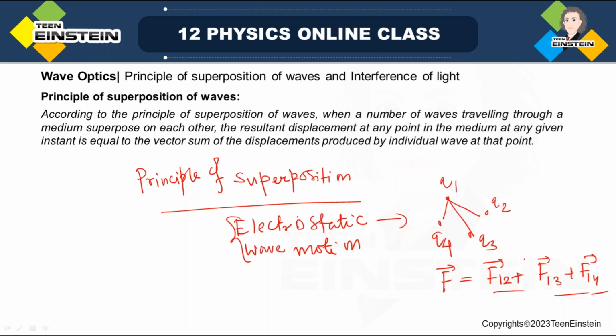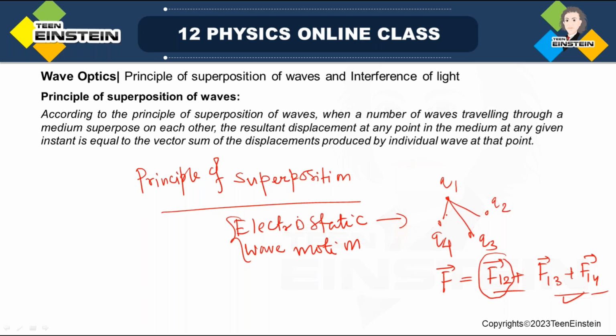So this is what we have done. We have independently found the forces between each pair. I'm just calculating the electric force on this q1 due to all other charges. So the resultant force was obtained by the vector sum of the forces calculated taking each pair independently.